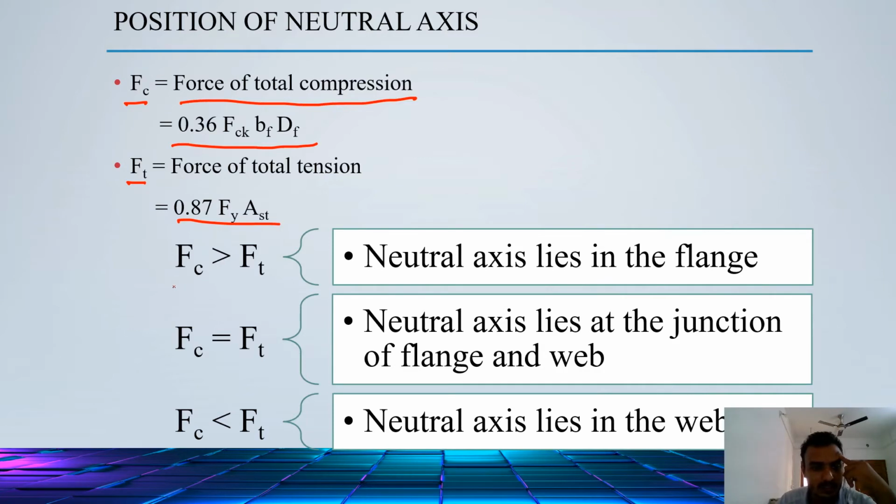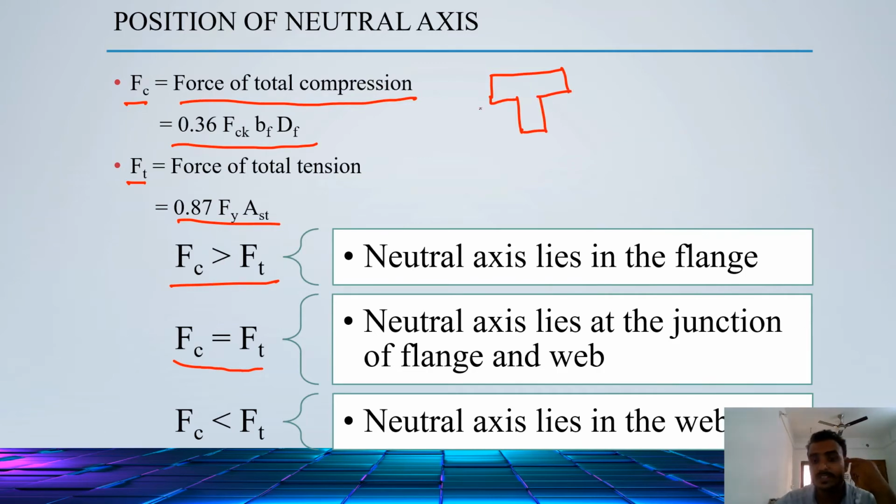So by this equation, if FC is greater than FT, that is, compression force is more than tension, then the neutral axis lies in the flange. If compression force is equal to tension, then the neutral axis lies at the junction of flange and web. And if compression force is less than tension force, then the neutral axis lies in the web. I can explain these three conditions by a figure.